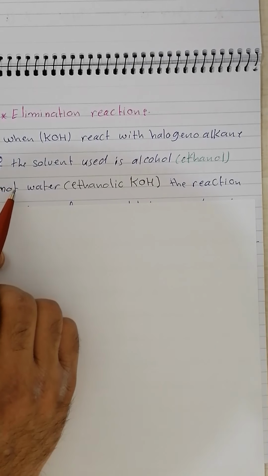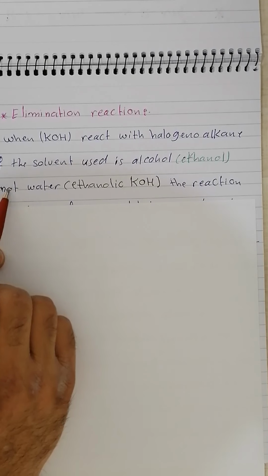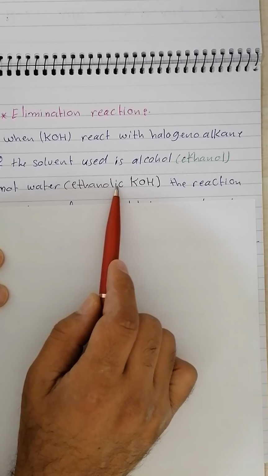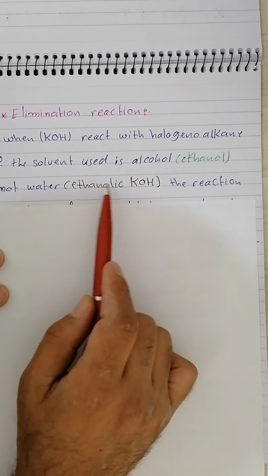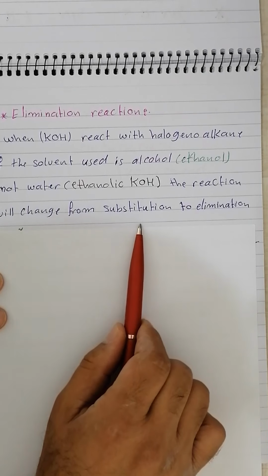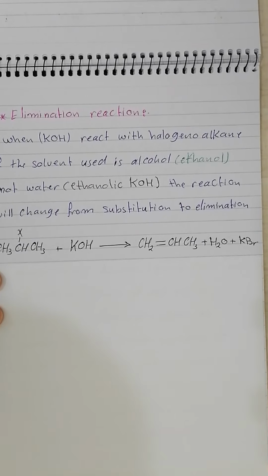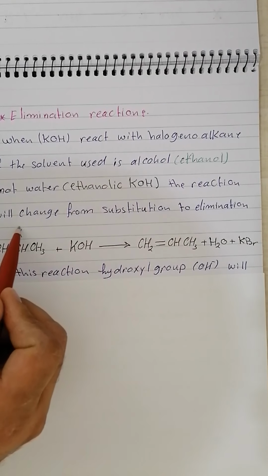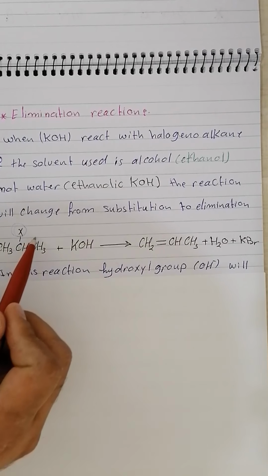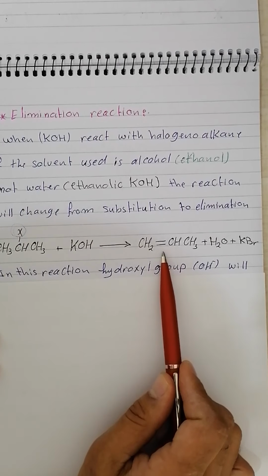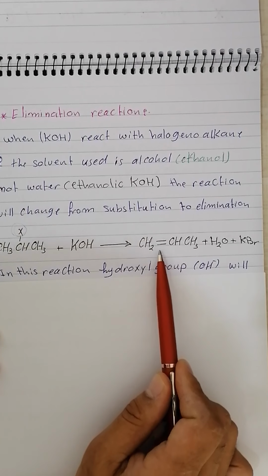The solvent is not water; it's called ethanolic potassium hydroxide or alcoholic potassium hydroxide. The reaction will change from substitution to elimination. What is elimination? The halide is removed with one of the hydrogens to give a double bond.